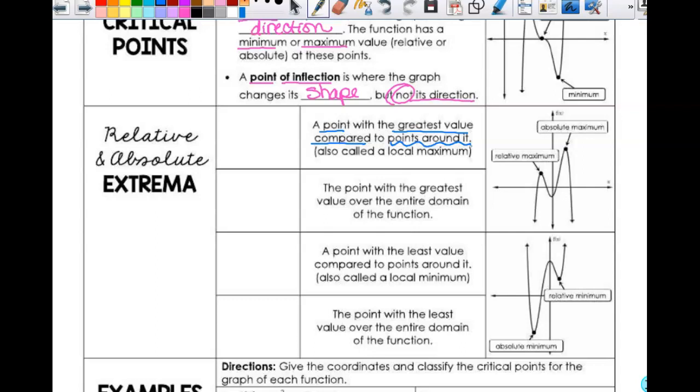You'll do a lot of stuff in calculus where you're just looking at restricted domains. You don't care about the whole thing overall. You're just looking at this little part of it. So that is called a relative maximum. Okay, relative maximum. So that's like this right here. All right, this is the greatest y value compared to all the points in its neighborhood, but not overall.